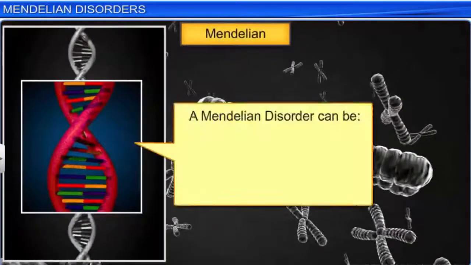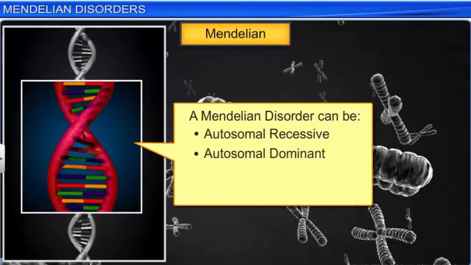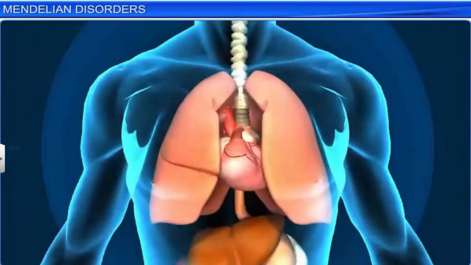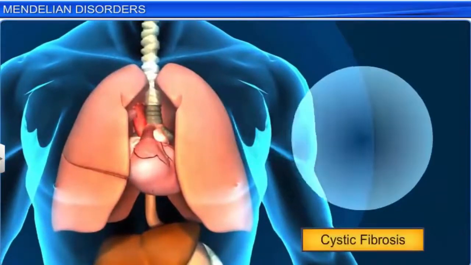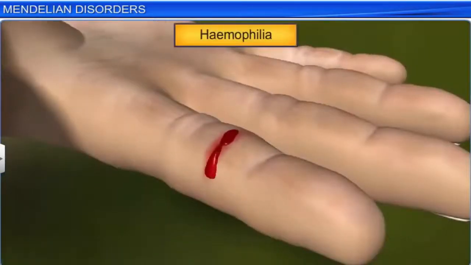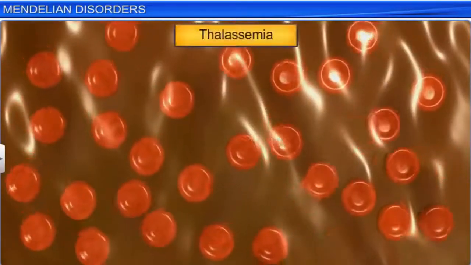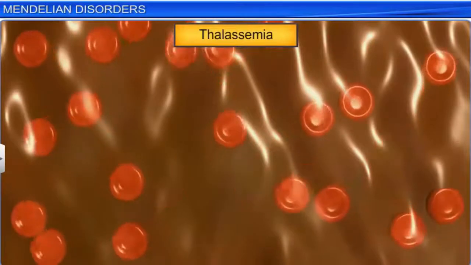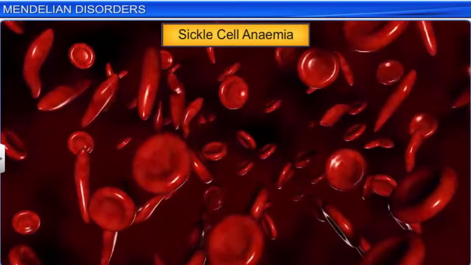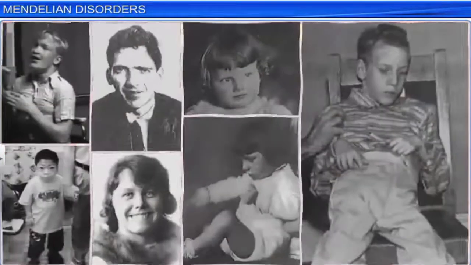These disorders can be autosomal recessive, autosomal dominant, X-linked dominant, or X-linked recessive. Some Mendelian disorders are cystic fibrosis, hemophilia, thalassemia, sickle cell anemia, and phenylketonuria.